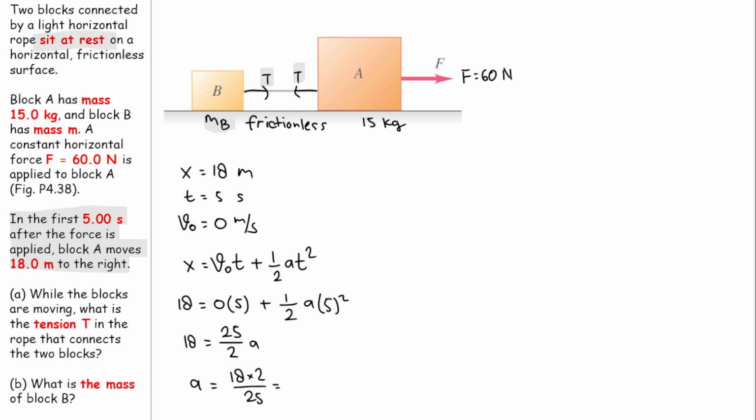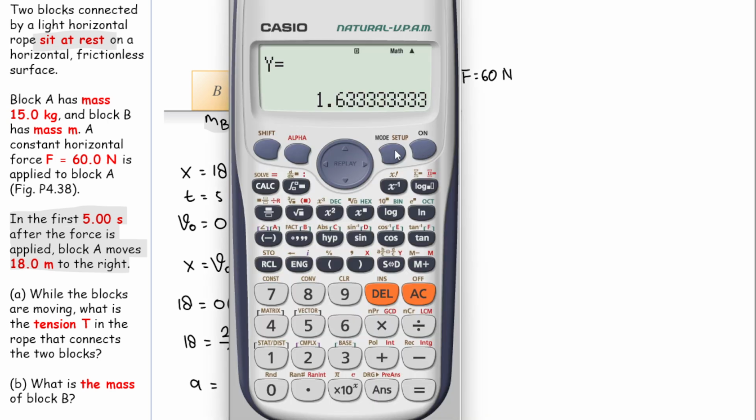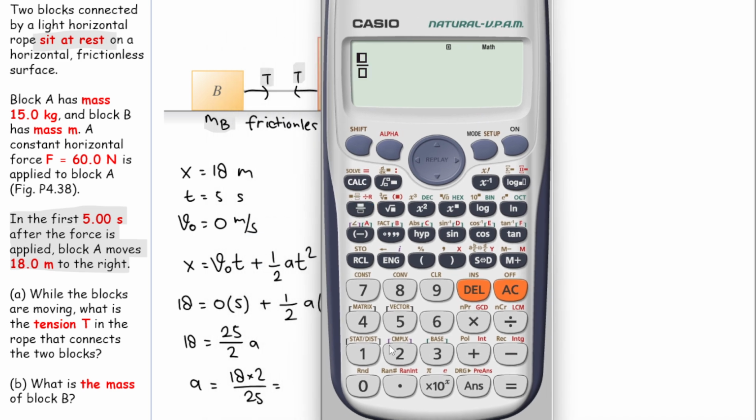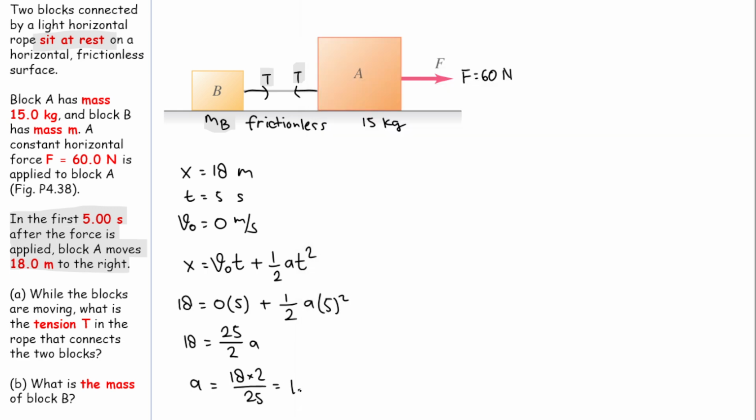I think we just leave it to the calculator here. So what is 18 times 2 divided by 25? Okay, that will be 1.44 meter per square second. Good, and that is the acceleration, right?